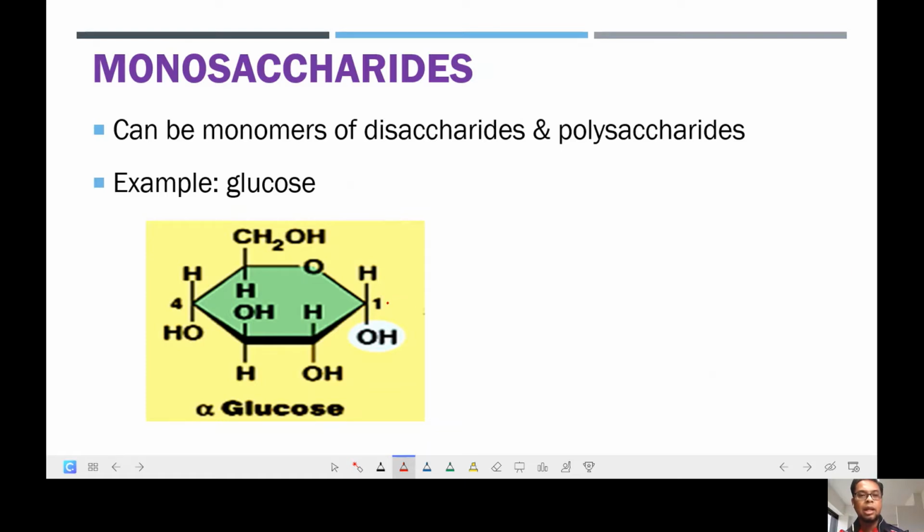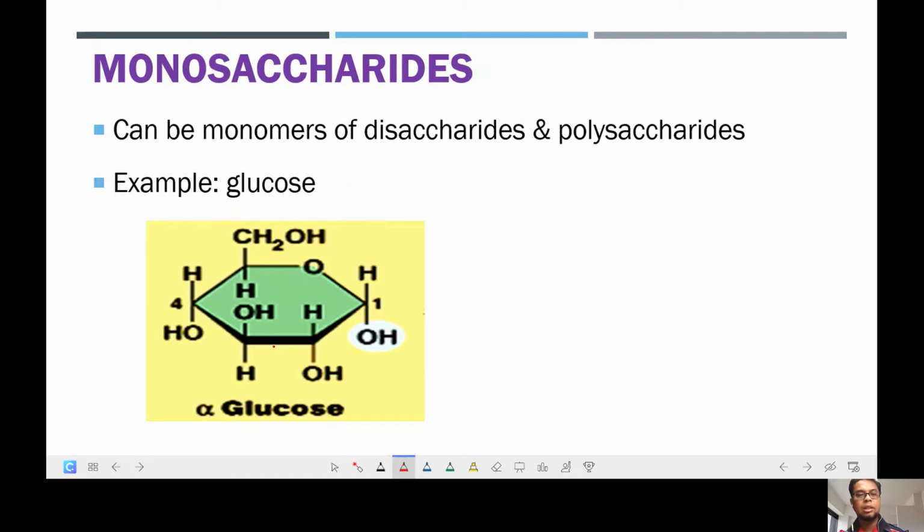We can see carbon number 1 for the glucose molecule over here. And right here will be carbon number 2, carbon number 3, carbon number 4, carbon number 5, and carbon number 6. That is why glucose is a type of hexose, which is the 6 carbon sugar.